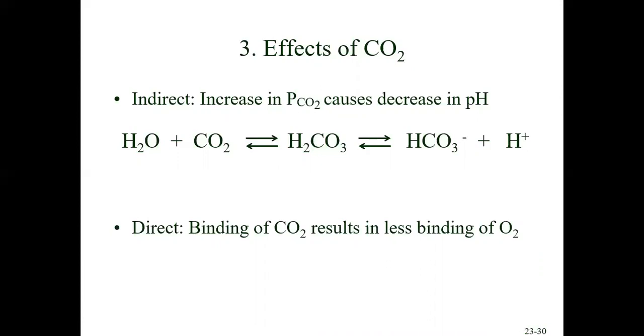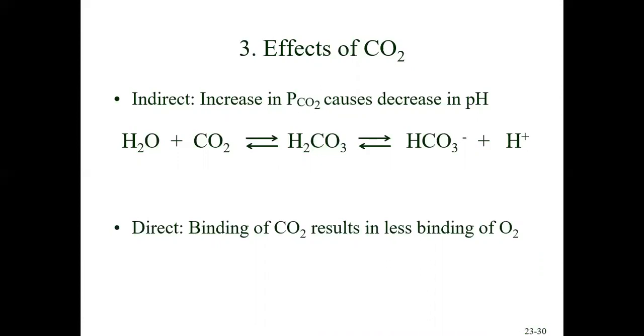Now, there is a direct effect of CO2, because if your CO2 levels go up, that's going to squeeze out and cause more oxygen to be unloaded from the hemoglobin molecule. So having more CO2 results in less binding of oxygen. But that's what you need, because out in the tissues, remember, they're going through cell respiration.